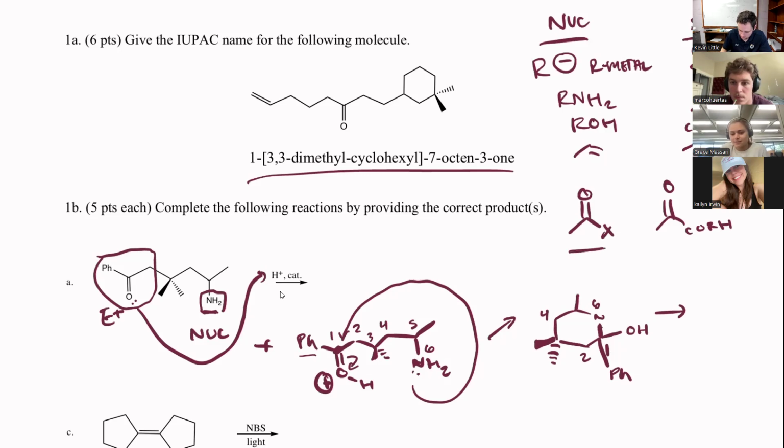Does it have a heteroatom off the carbonyl, or is it carbons and hydrogens off of it? Carbons and hydrogens. So I know that when my amine attacks into this carbonyl, I'm going to form an imine, which means ultimately I'm going to kick off that OH and form a double bond.